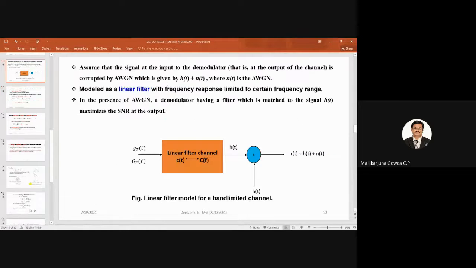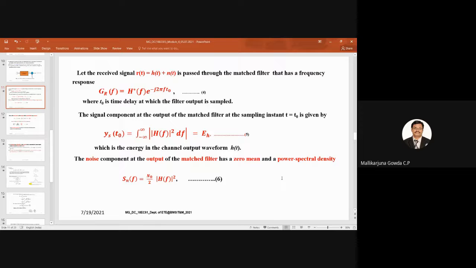Now what you need to assume is, this is the transmitted signal, and I am going to receive r(t) as the received signal, which is h(t) plus n(t). That will be passed through another filter at the receiver side.